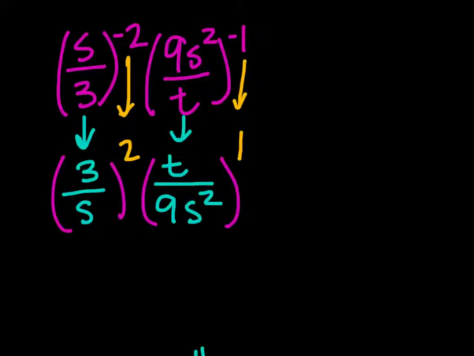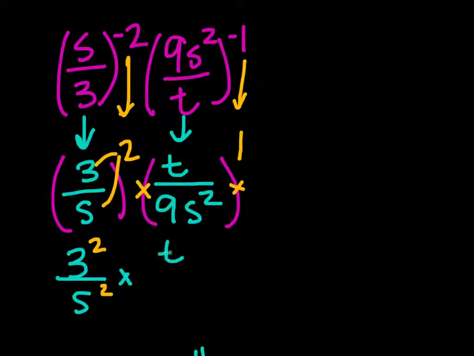That +1, that means essentially we do not have to worry about these parentheses anymore. We essentially just have straight multiplication across, but we need to worry about this exponent over here with this 3 and the 3/s. So we have now 3 squared over s squared, and our other equation that we're multiplying by is t over 9s squared.